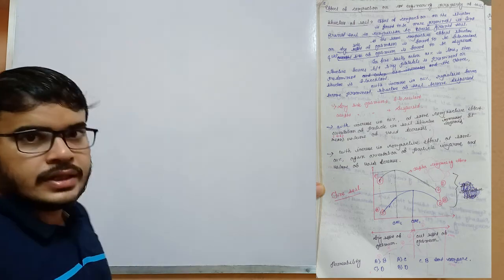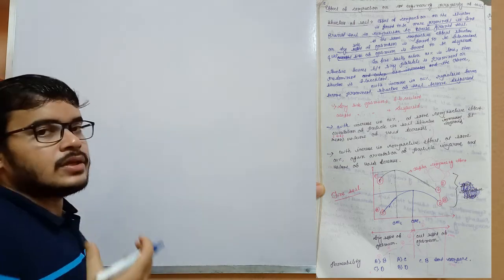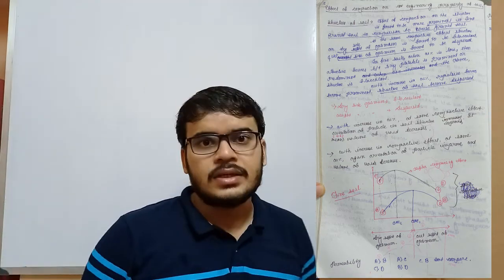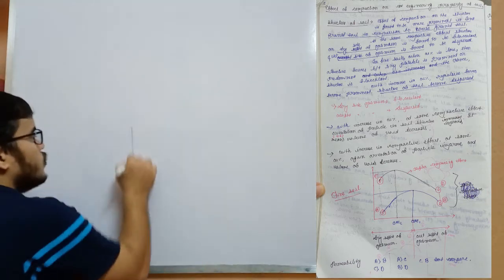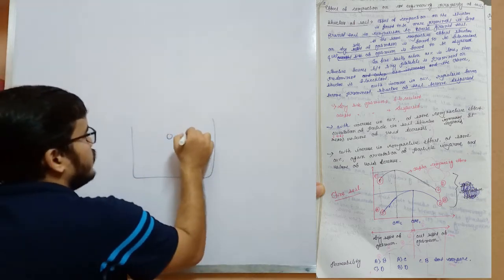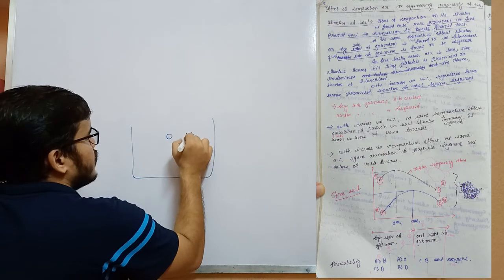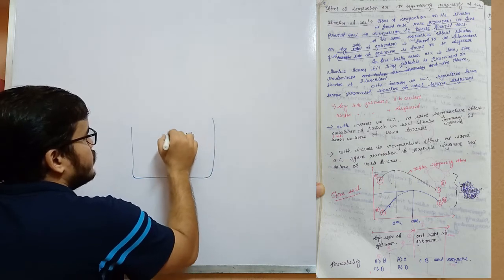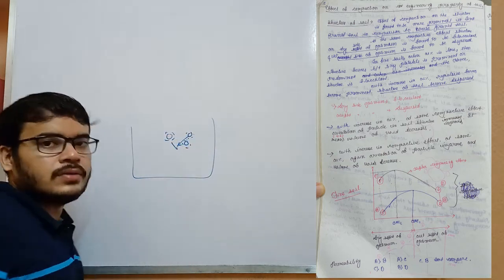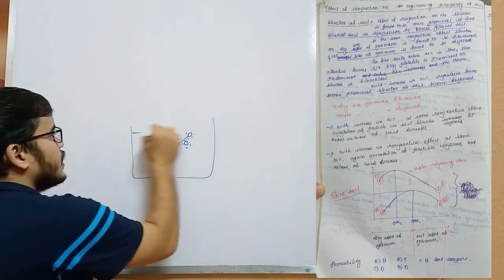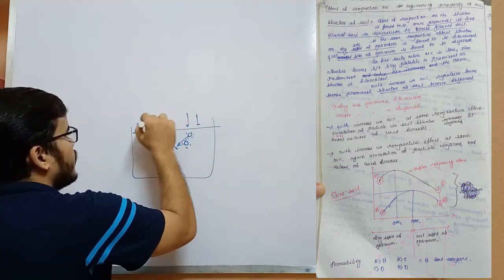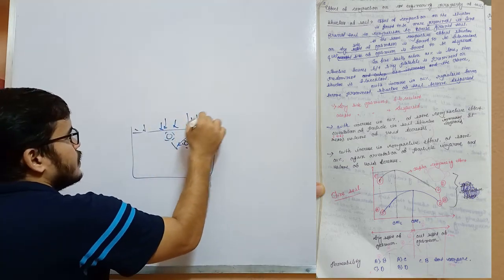Due to the increase of the water content, we know the lubrication effect means the solids will easily slide over one another, so we can compact the soil very easily.